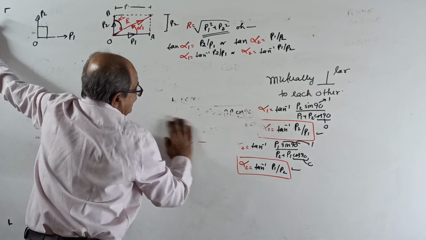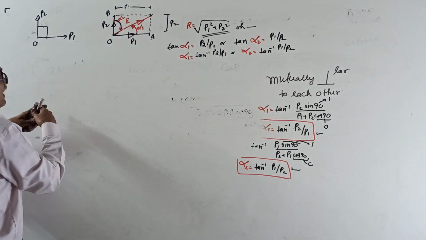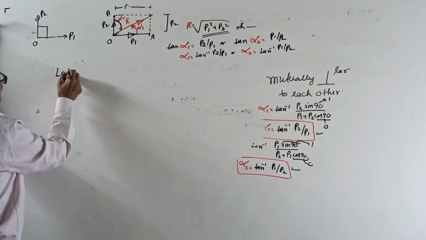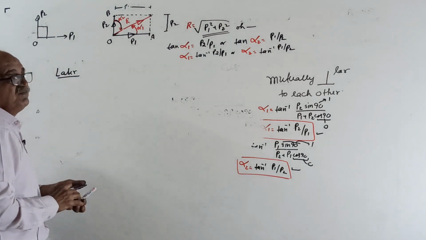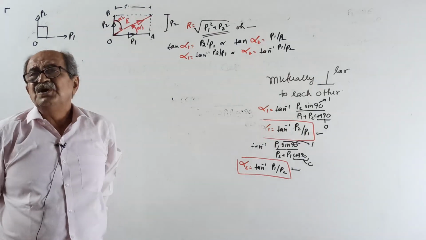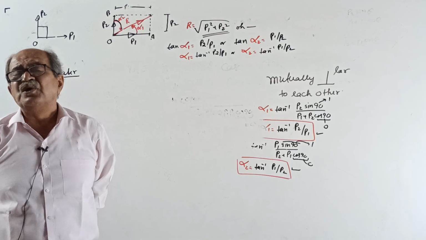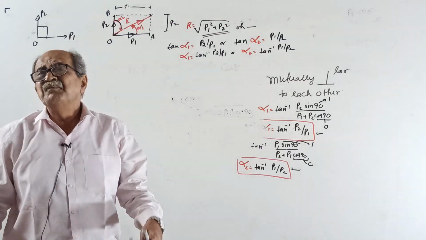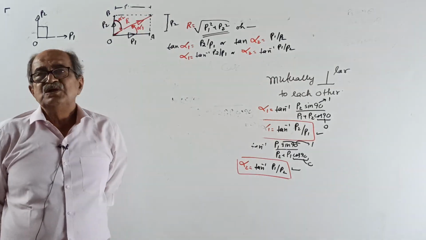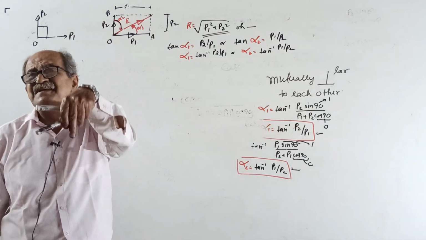Later, when we find the resultant force for a multiple number of concurrent force system or any number of coplanar force system, not a parallel force system, because in parallel forces only one direction is there.